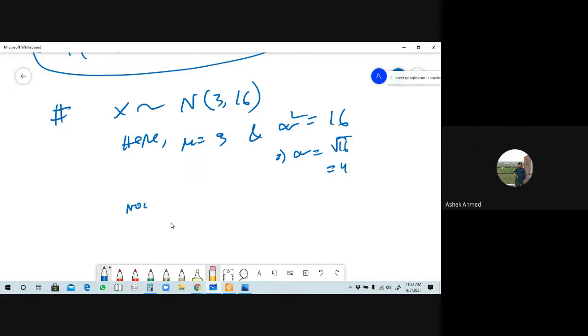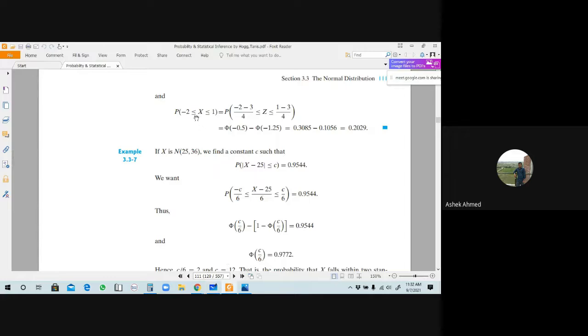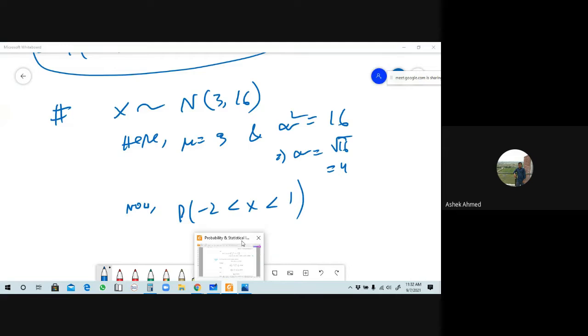Now probability of -2 is less than x is less than maybe +1. -2 is less than x is less than or equal to, no problem, +1.